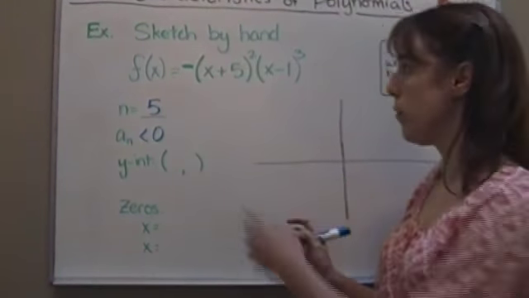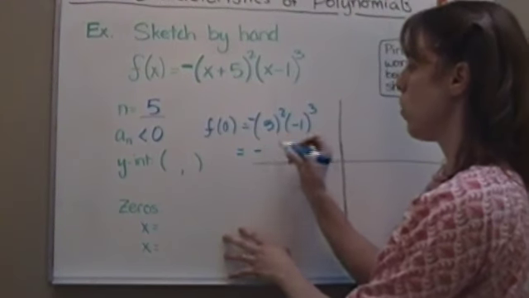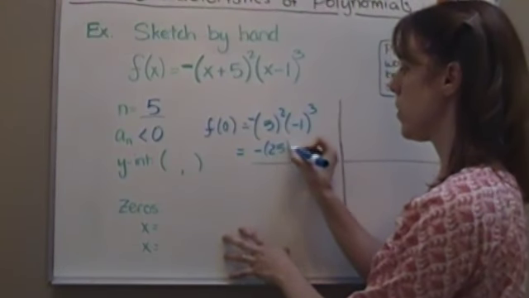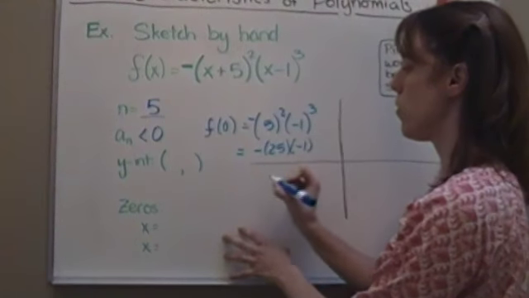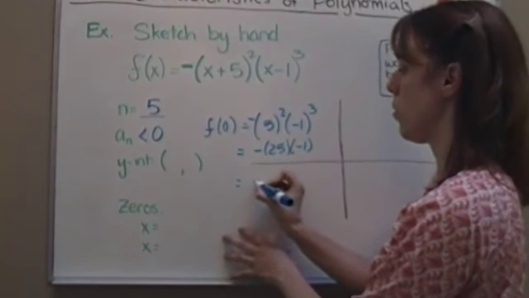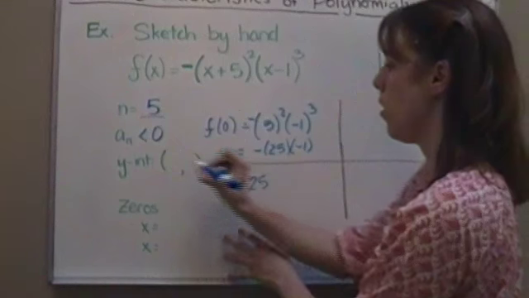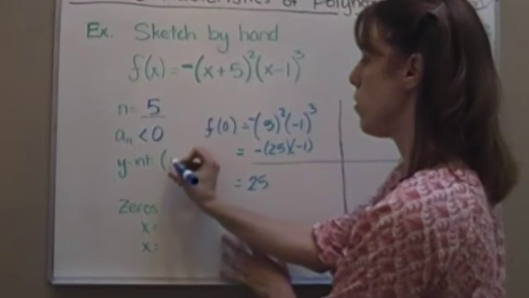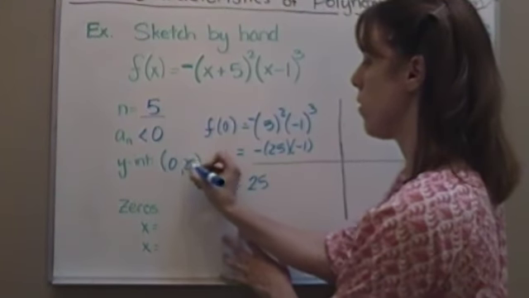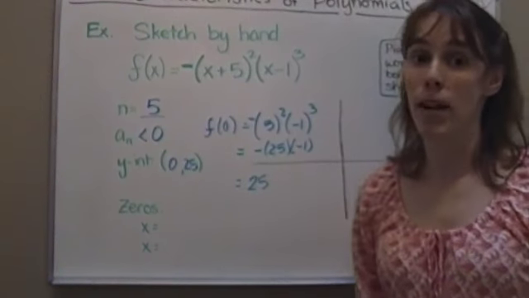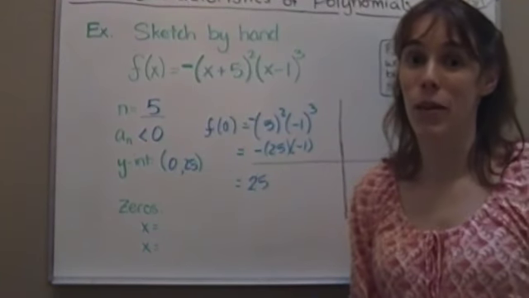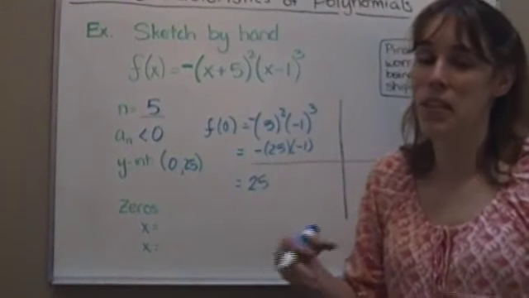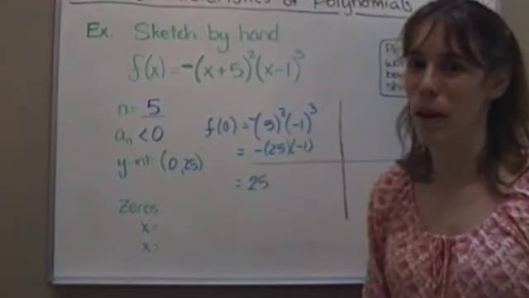So f of 0 is negative 25 times negative 1, so f of 0 should be positive 25. Okay. 0, 25. Now, I don't care about my scale on my y-axis, so I'm just going to put that on there, and everything else, not going to worry about it.